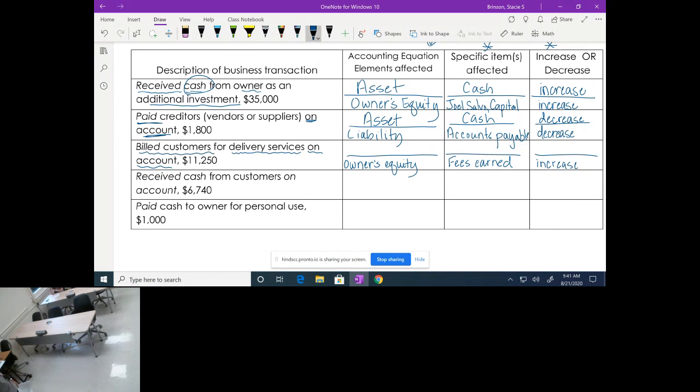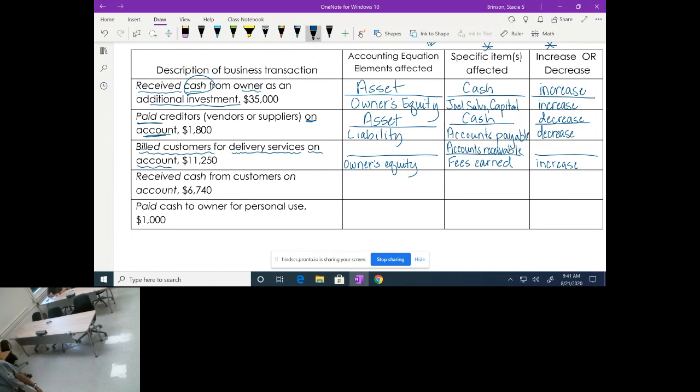So if we billed customers, that means they didn't pay us right now. We've got to send them a bill. So if you'll look up, about halfway up on that page 7, accounts receivable. So what is accounts receivable? It's a liability. Nope. Remember the difference.